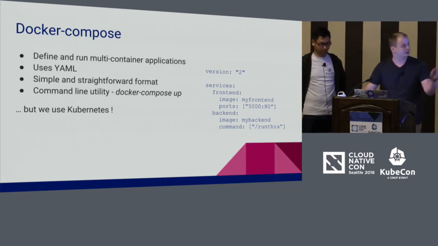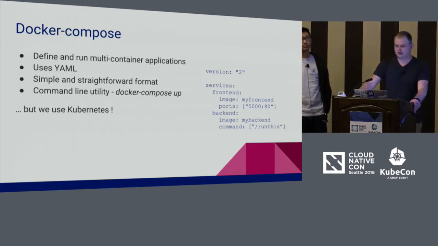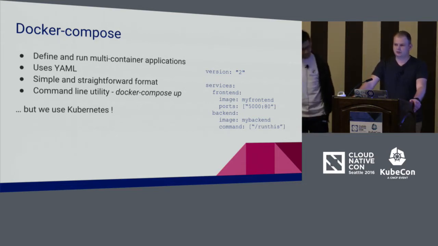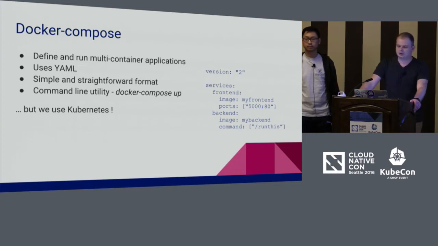You can see an example on the right side of the slide. It's a very simple example with 2 containers defined in Docker Compose. And then there is a Docker Compose utility. You can run just docker-compose up, and it will start the containers as they are defined in the YAML format on your local machine.